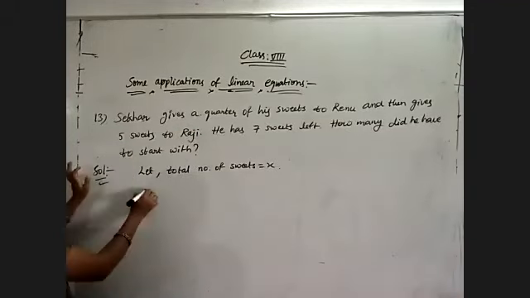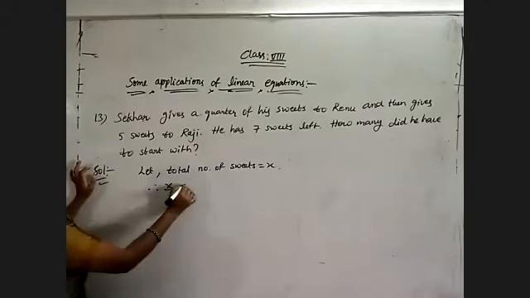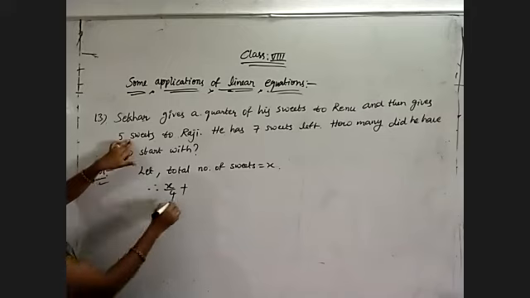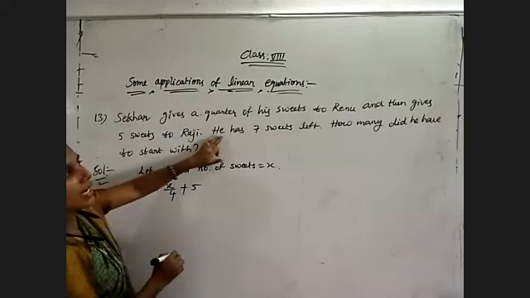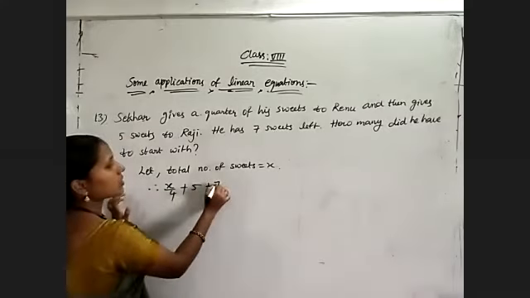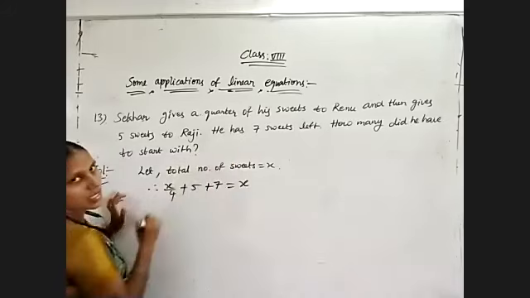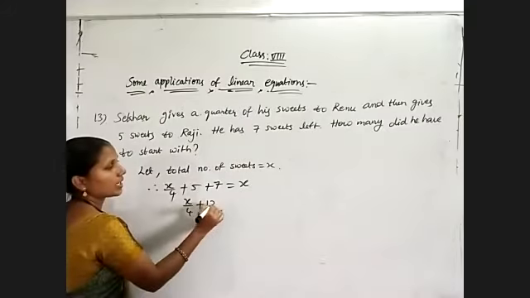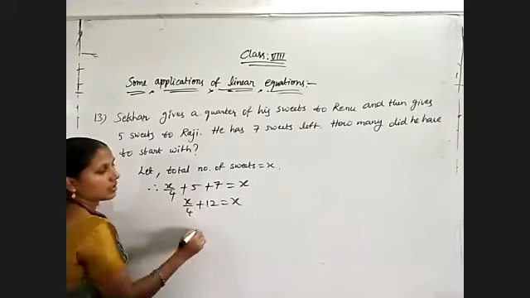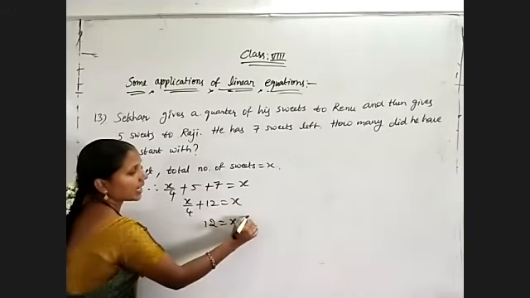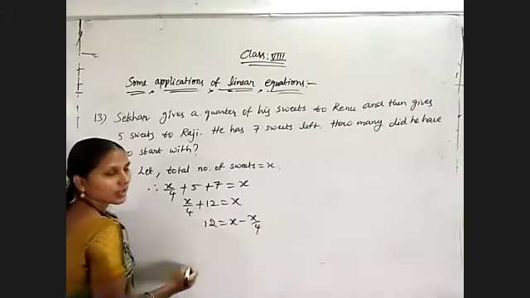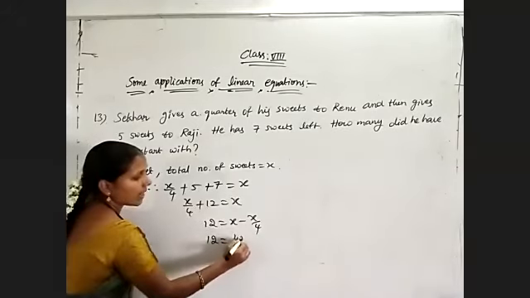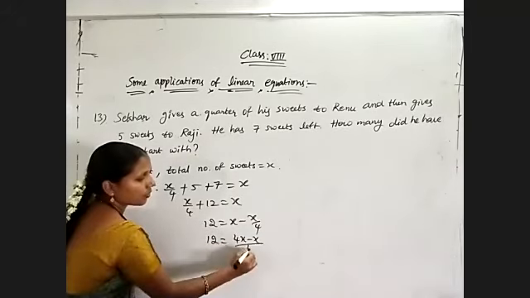That is x by 4 he has given to Renu, plus 5 sweets to Raji, and still he is having 7 sweets, which is equal to x. So that's all. Simplify this. x by 4 plus 12 is equal to x. Then 12 is equal to x minus x by 4. So 12 is equal to 4x minus x by 4.